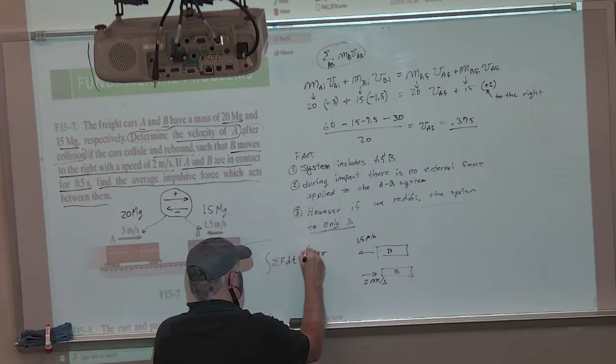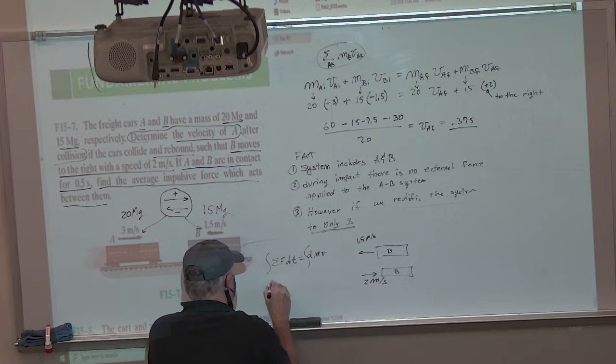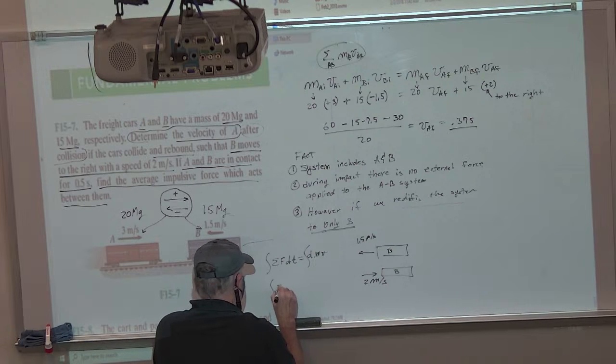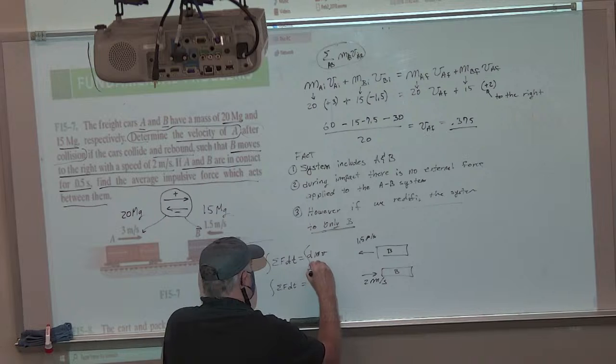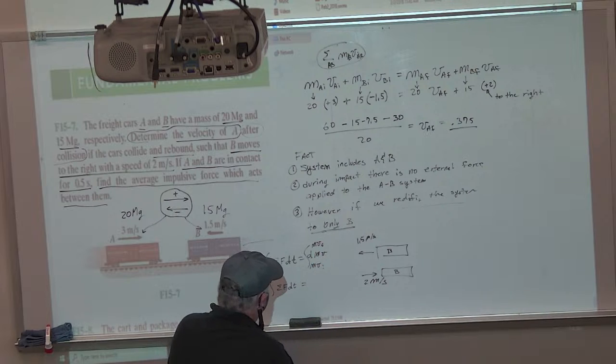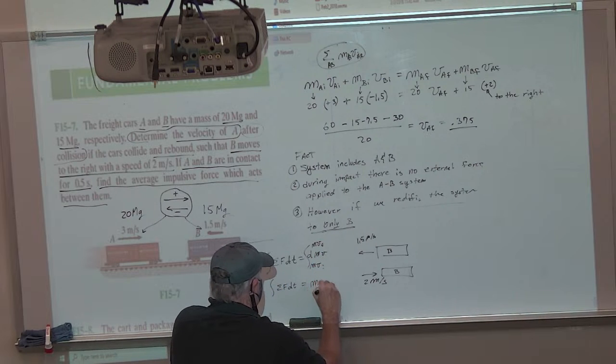Then we integrated it, and we had the sum of the forces dt equals mv final minus mv initial.